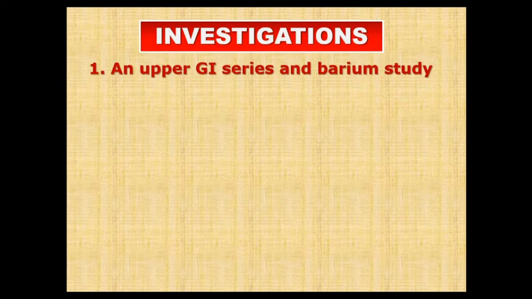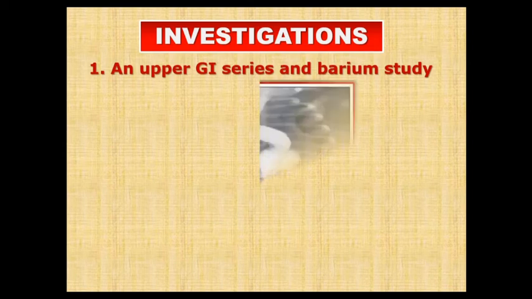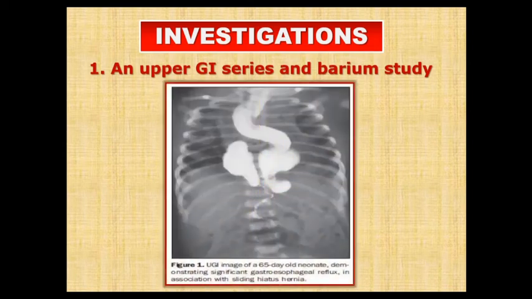Anatomical difficulties like, as we said, hiatal hernia or tracheoesophageal fistula. This picture shows the X-ray of a 65-day-old neonate, demonstrating significant gastroesophageal reflux in association with sliding hiatal hernia.